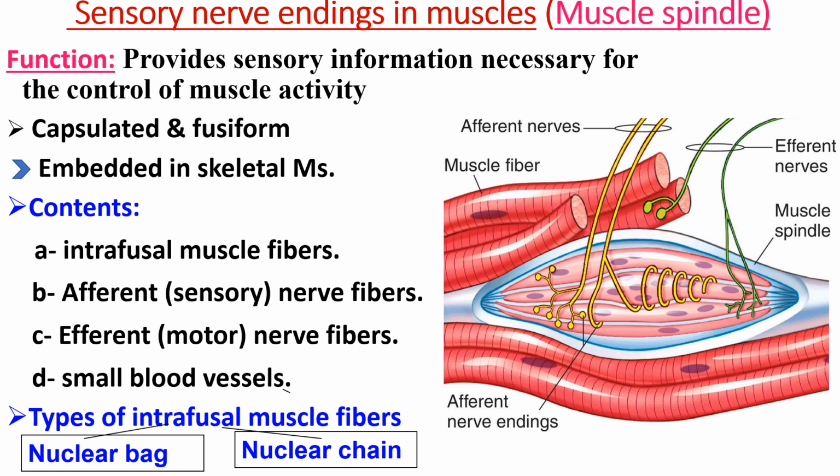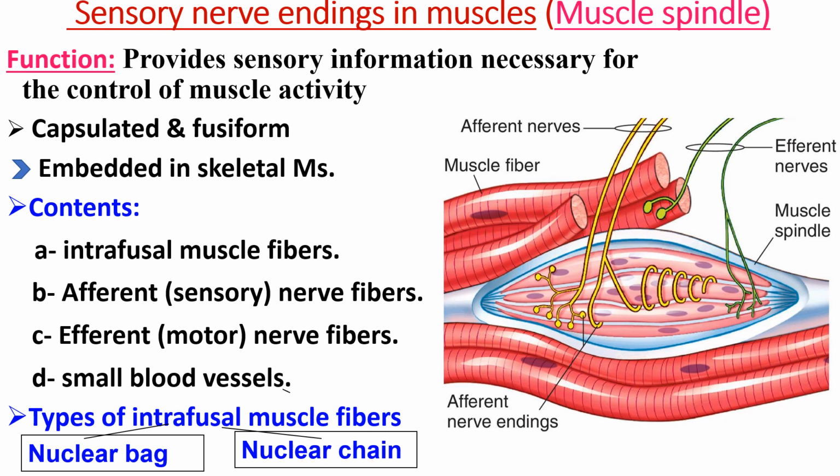The intrafusal fibers differ from the extrafusal muscle fibers in being non-striated at the middle. The middle part is non-striated, and the intrafusal muscle fibers are of two types.